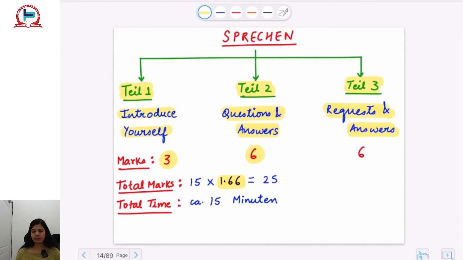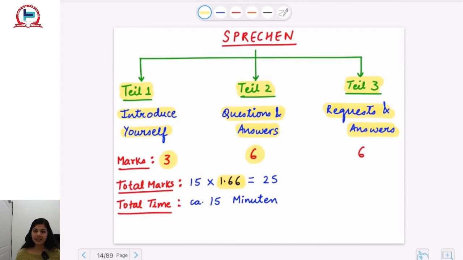So let's take an example. Let's suppose I get a card with a picture of a glass of water. So I'm supposed to formulate a request, not a question, but a request. For example, I can say, could you bring me a glass of water? That can be a request. And my partner will respond with, yeah, sure, not a problem.